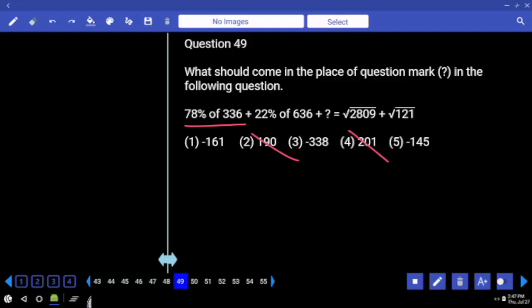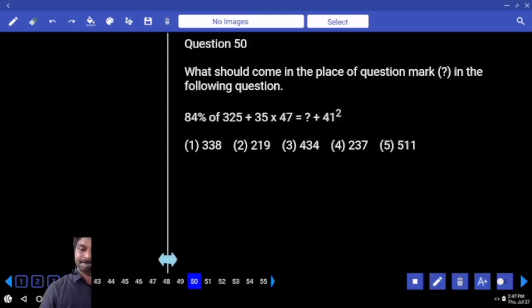Go to the options. Third, final. Over. Look at this.